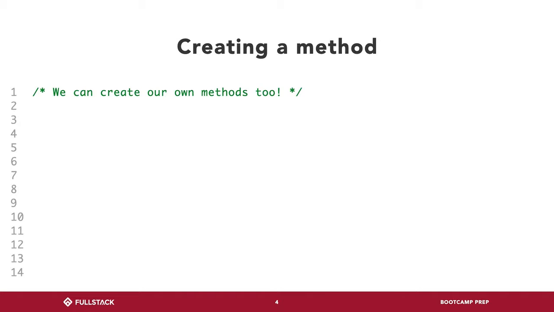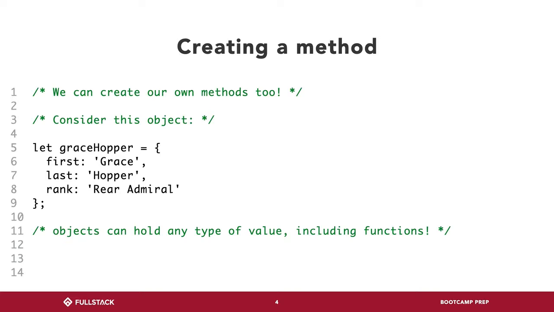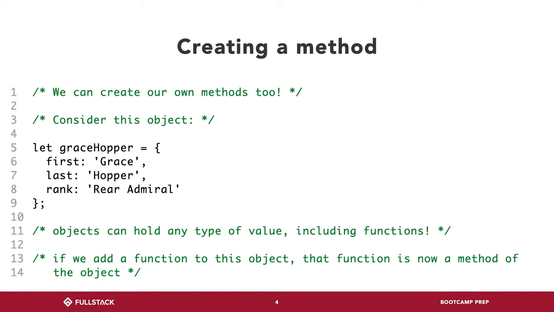So when you want to create a method, let's consider this object. Let Grace Hopper equal an object with a key of first, which will be Grace, a string, a key of last, which will be Hopper, another string, and a key of rank, which we'll say is Rear Admiral, another string. Objects can hold any type of value, including functions. If we add a function to this object, that function is now a method of the object.